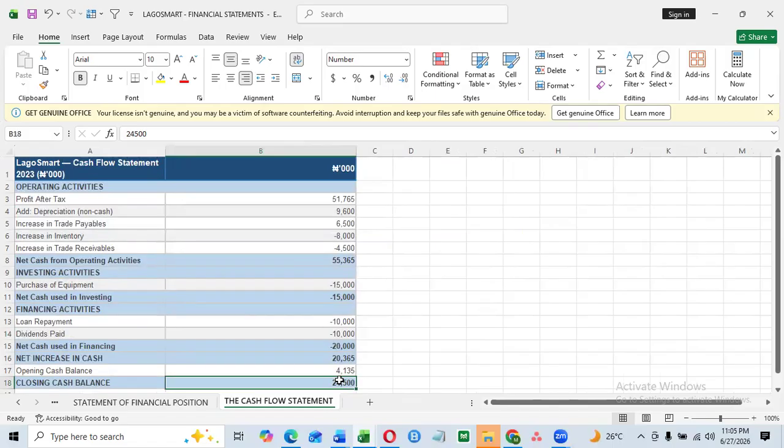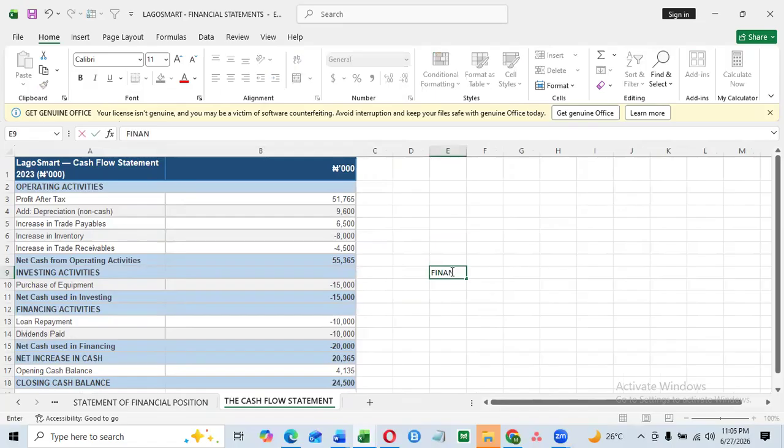So in lesson 3, we will go deeper into what is known as financial analysis. Financial analysis has to do with ratios, trends, and using these numbers to make real business decisions.